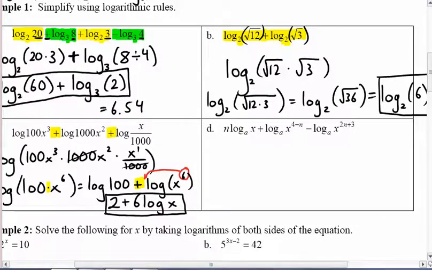For part number D, because we're adding logs, the ones that are added can be multiplied inside of a single log, and the one that's being subtracted can be divided. But there's a problem because we have the n out here. So if we want to put those first two log terms together, we have to put the n back inside the logarithm first.